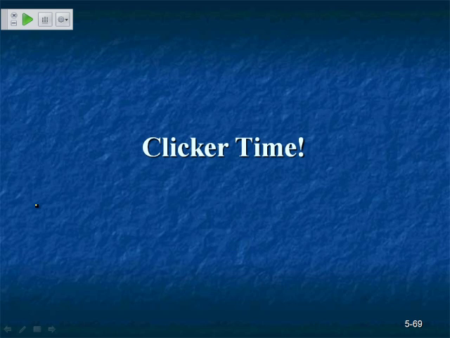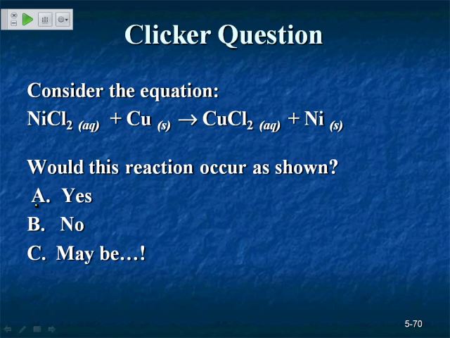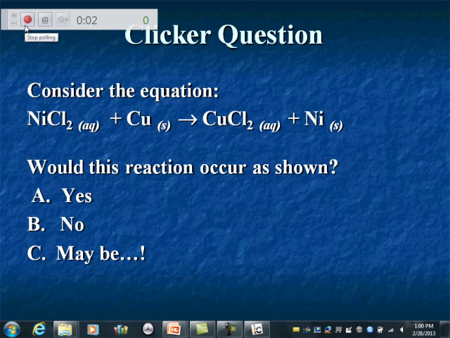All right, let's have a clicker question. Have the activity series open in your book. You can refer to the activity series. Here is the question. Consider the equation. What page is that, Sandra? 185. Thank you. Nickel chloride is the solution, and I am putting pure copper into it.